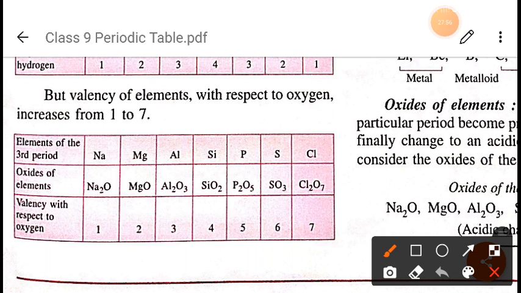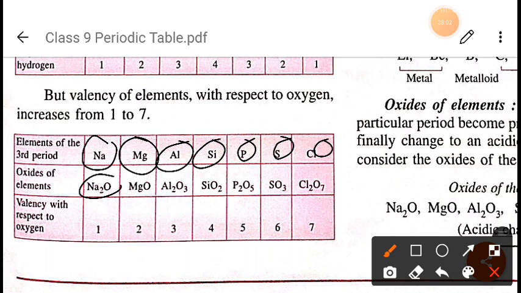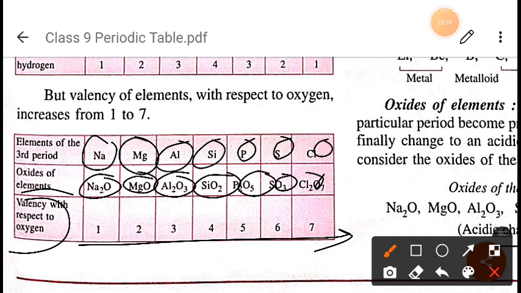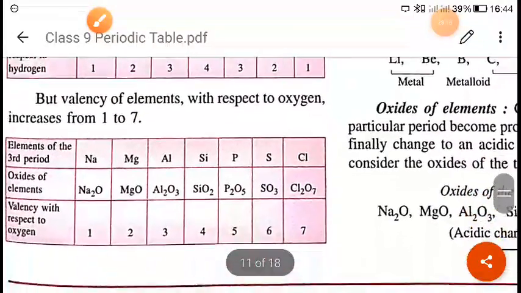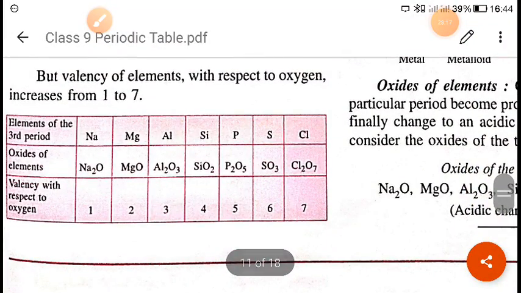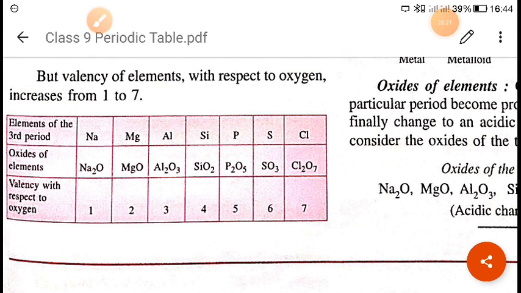So as you can see, with sodium, magnesium, aluminum, silicon, phosphorus, sulfur, and chlorine, when you see the oxides of these elements, the valency with respect to oxygen is increasing. In the case of hydrides it is 1, 2, 3, 4, then 3 to 1, but in the case of oxides it increases from 1 to 7, right? I hope you have understood this also.